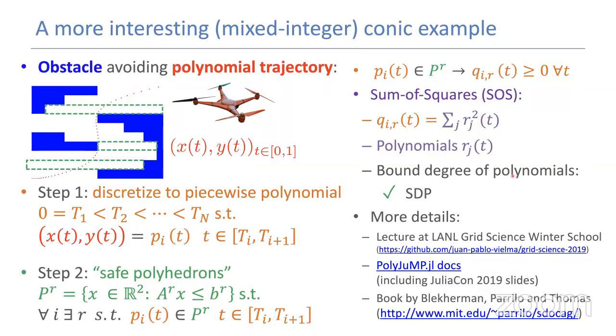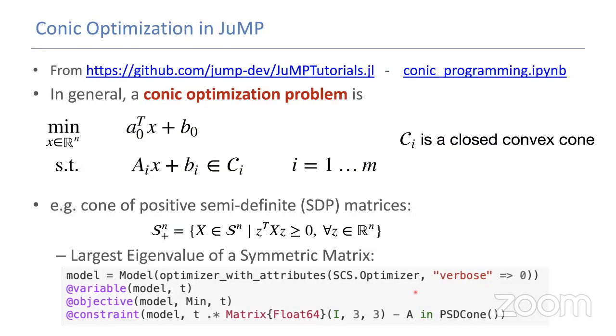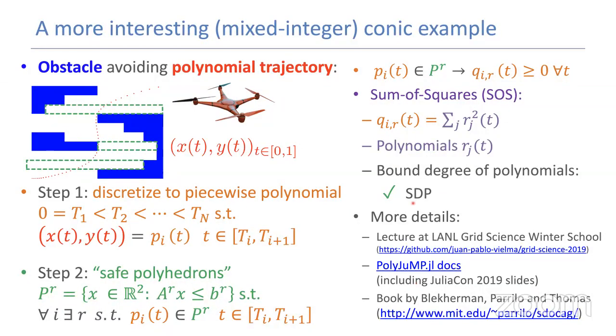And if I restrict the degree of the polynomials, I can write this down with several extra variables and make it a semi-definite constraint like the simple one I described over here. There was a lot of math here, so here are some links that explain more details on how I get to that. But basically, through sum of squares, I wrote down this problem as a mixed integer semi-definite programming problem that Pajarito could have solved.